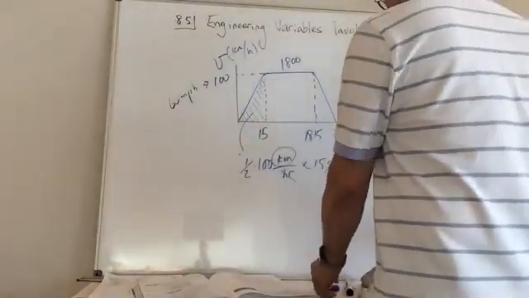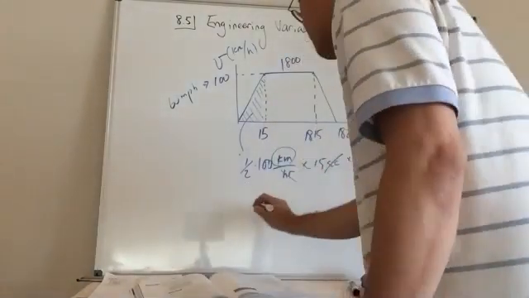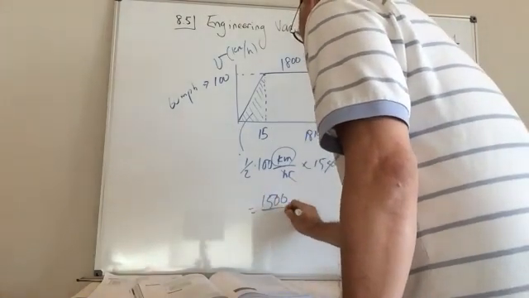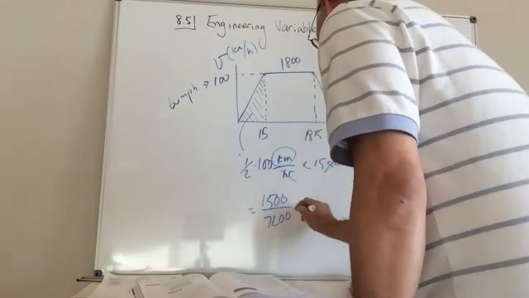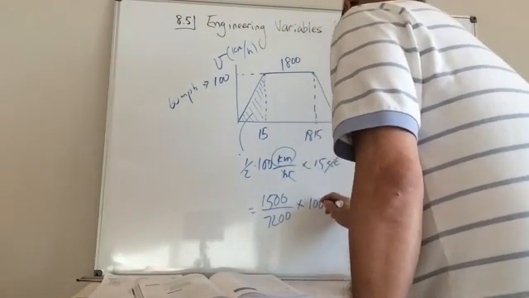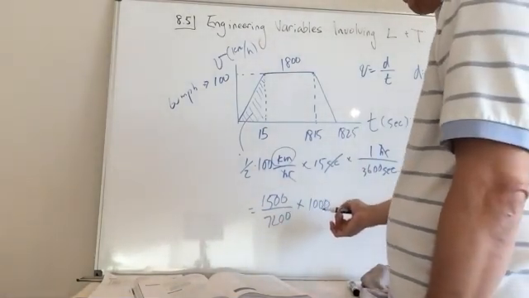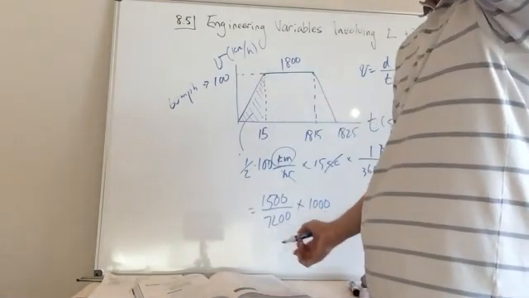So what if I asked you, you can also go ahead and change this. Instead of kilometers per hour, kilometers, you can say it in meters, since 1 kilometer is 1,000 meters. I can ask the question any way I want to.